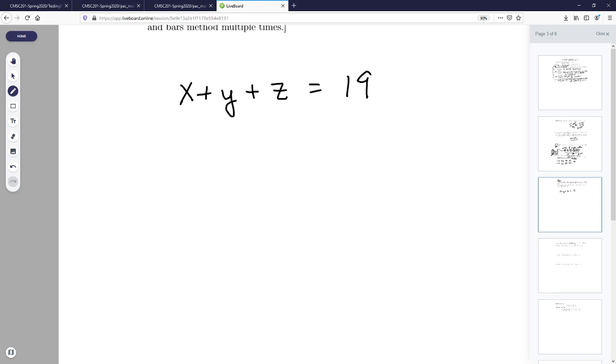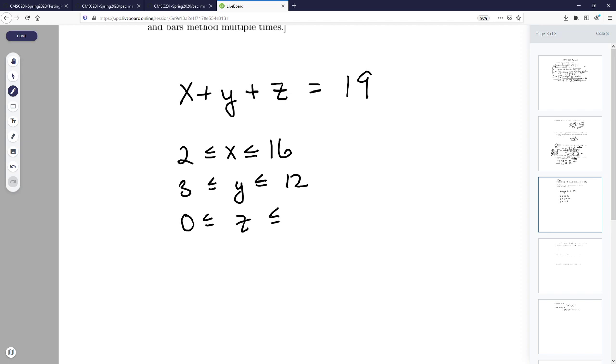And let's say that we want 2 less than or equal to x less than or equal to, I don't know, 16, 3 less than or equal to y less than or equal to 12, and 0 less than or equal to z less than or equal to 5.